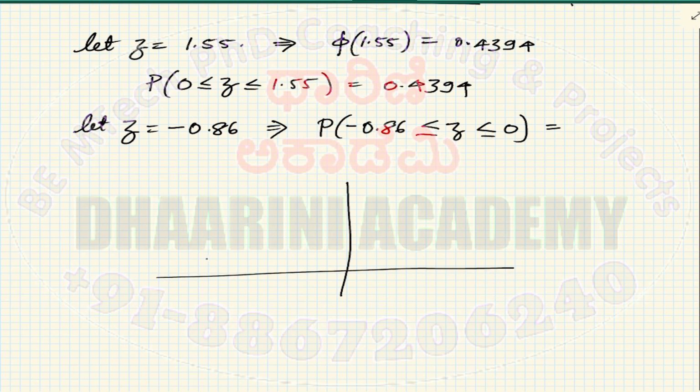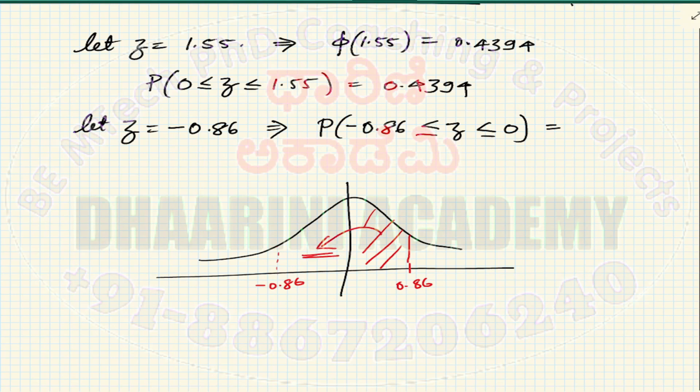the curve is symmetric, right? If I calculate the 0.86 value here, and I calculate the area, that area corresponds to this, right? The same thing will exist even on this side. This is minus 0.86 and this area is equal to this area, right? So what is the probability from minus 0.86 till 0? If you want to find this, I use a table which gives me the value on the right side, but since it is symmetric, I'll use the same.